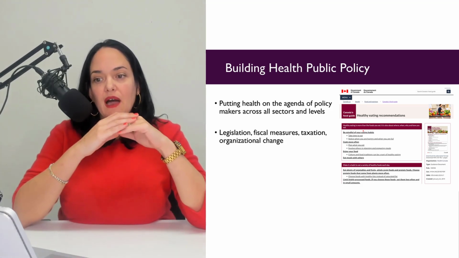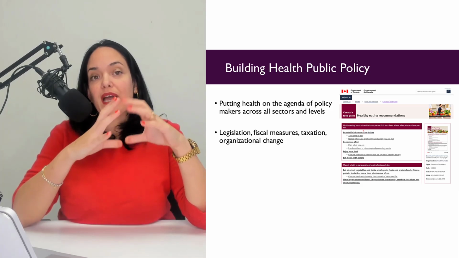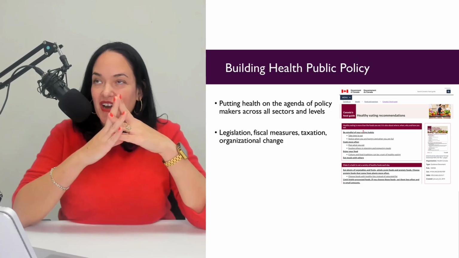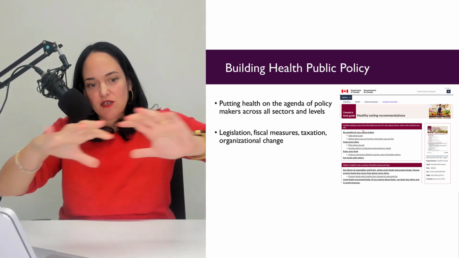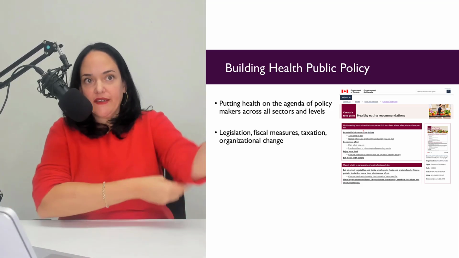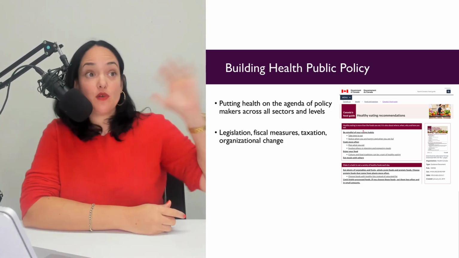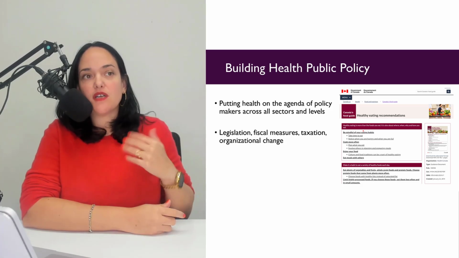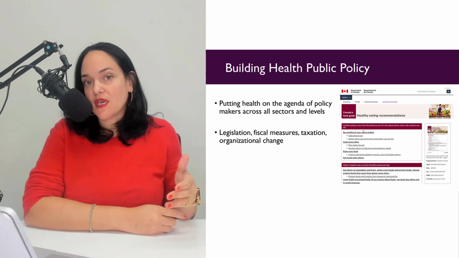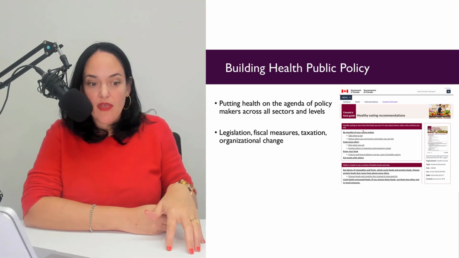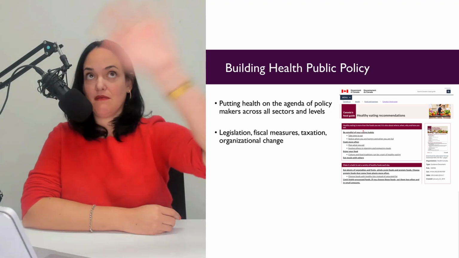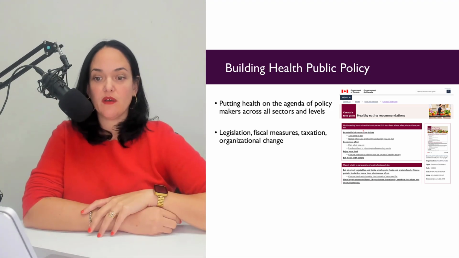So building healthy public policy is all about putting health on the agenda of policymakers, not just under Health Canada, but making sure that policymakers across the different sectors of government and higher level decision making and organizational units are not just thinking about outputs of their particular units, but also the health of the people that are in their unit and the health of the people that they may have influence over as well.